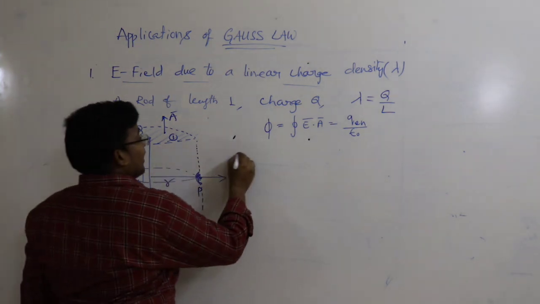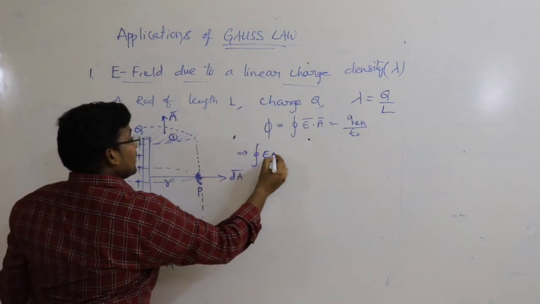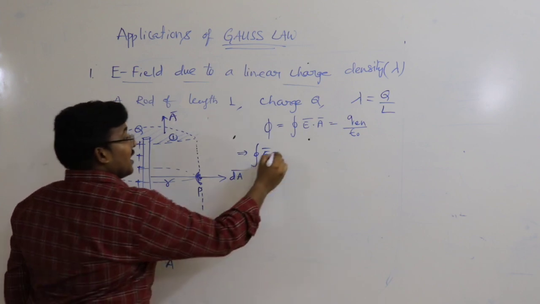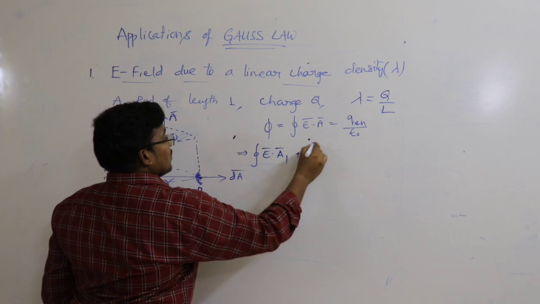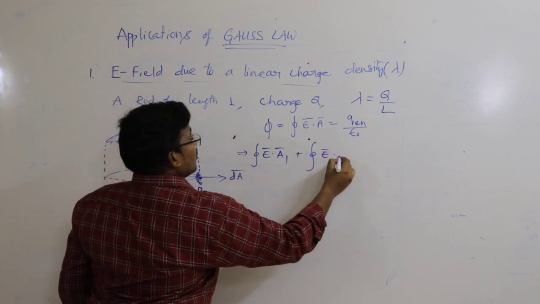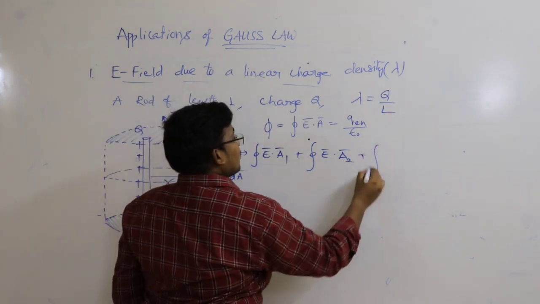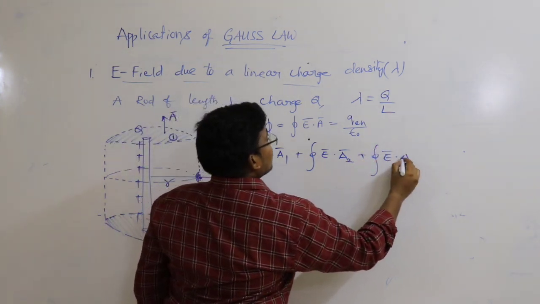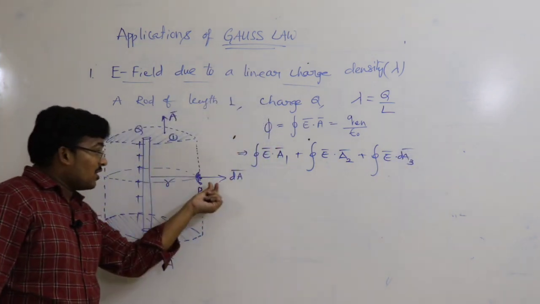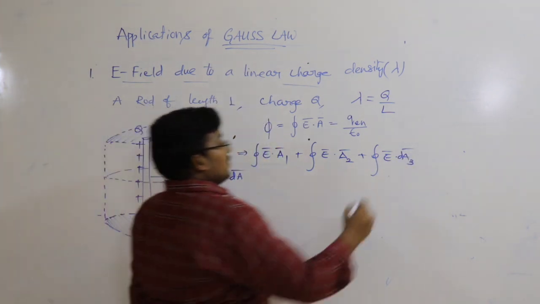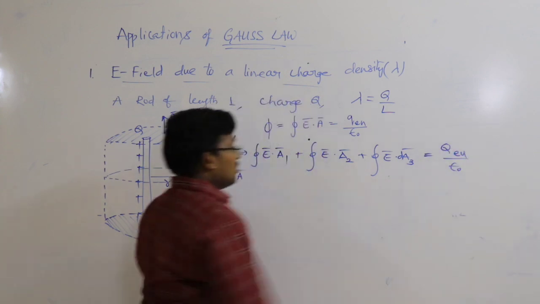So the first surface integral of E bar dot A1 bar, plus the integration of E bar dot A2 bar, plus the integration of E bar dot A3 bar, because I am taking a small element dA, is equal to the charge enclosed by epsilon naught.